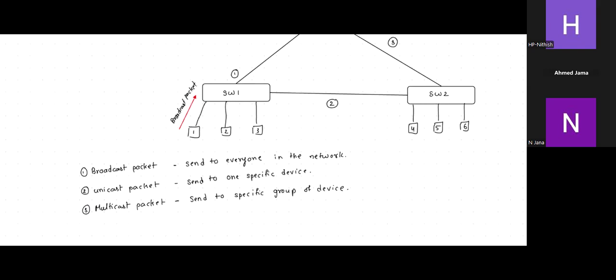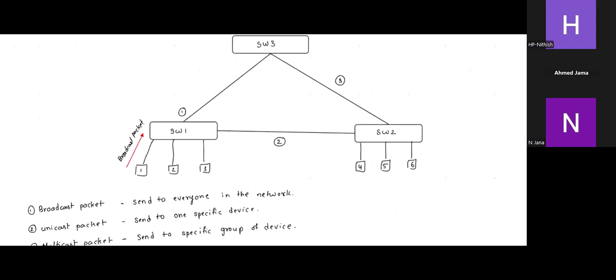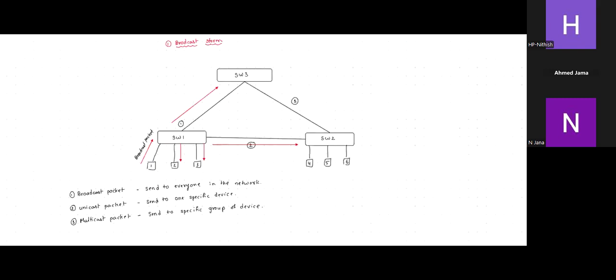That means it will send this broadcast packet to switch number 3, and also to switch number 2, and also to PC2, and also to PC3. Am I right? Does this topology make sense to you? Perfect. So switch 1 is sending it to switch 3, to switch 2, to PC2, and to PC3.